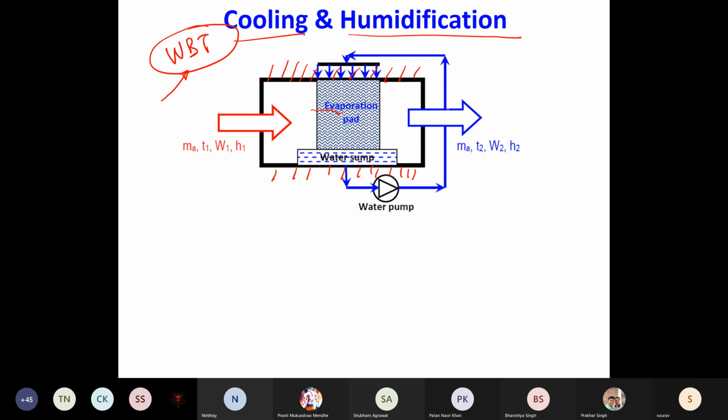Okay, and the practical device which tries to attain this. So if you have RH equal to 1 at the exit, that is 100%, then whatever exit temperature you get is called the WBT. And the practical device which tries to follow this process line is a desert cooler.